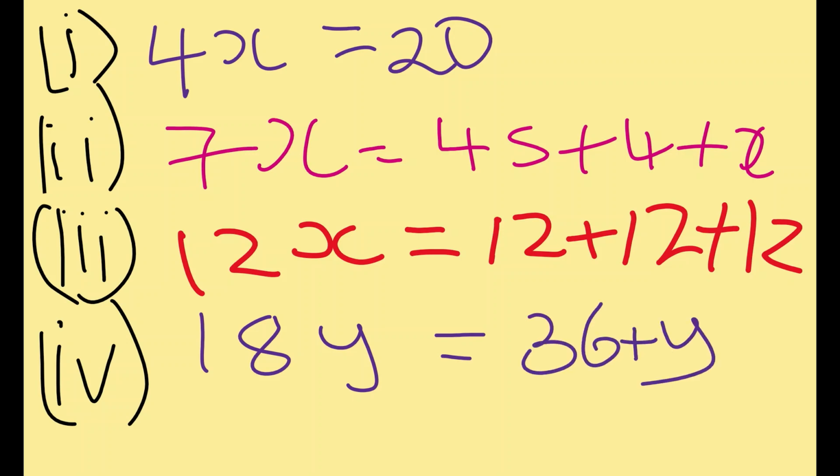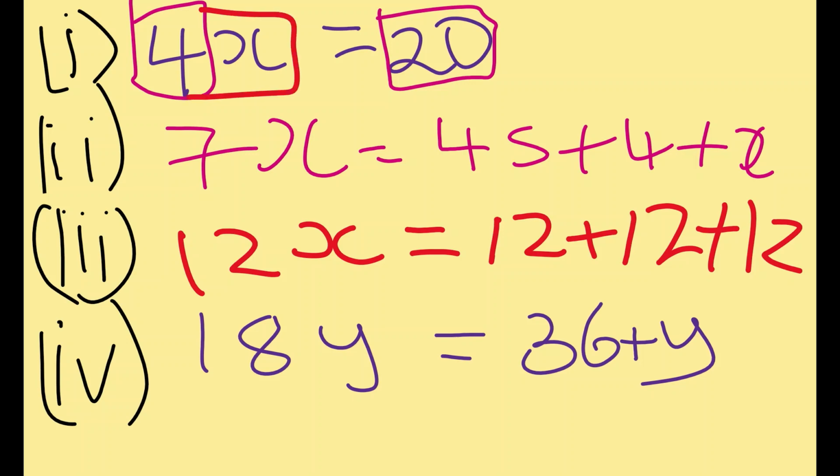I think you were thinking as I was writing, so with confidence I'm going to tell the answers. Here 20 is a constant because it doesn't change. 4 is a constant, and x is a variable.